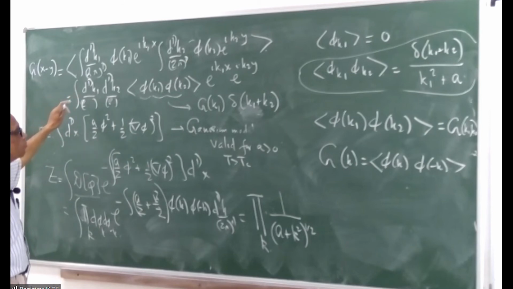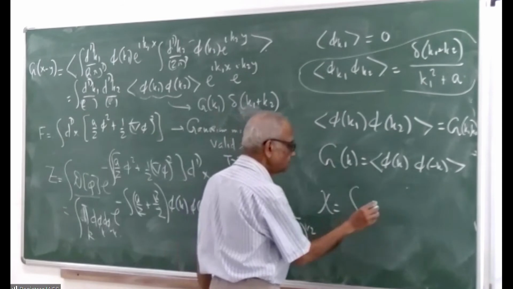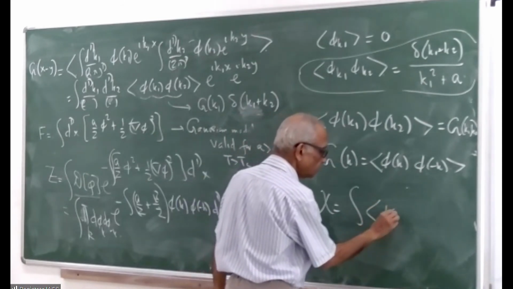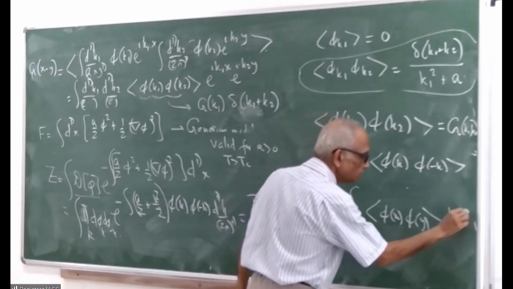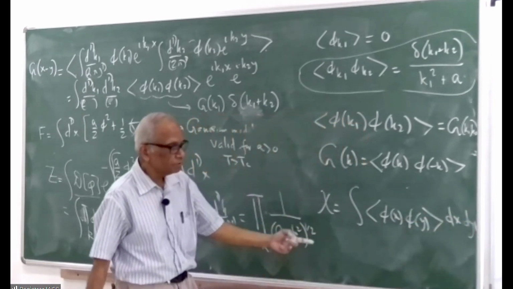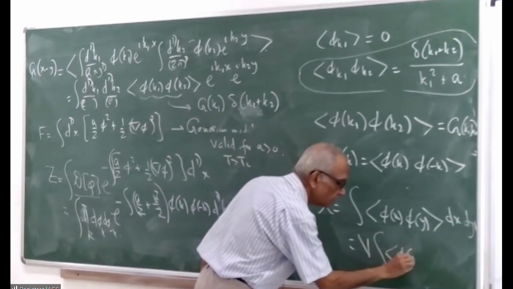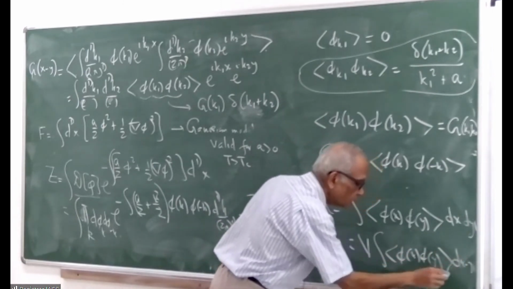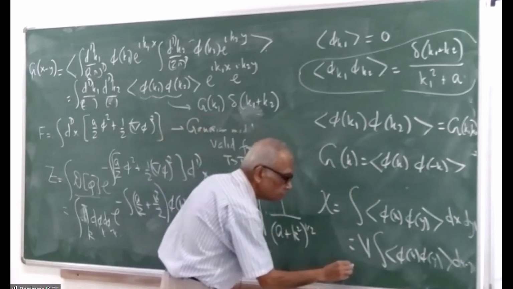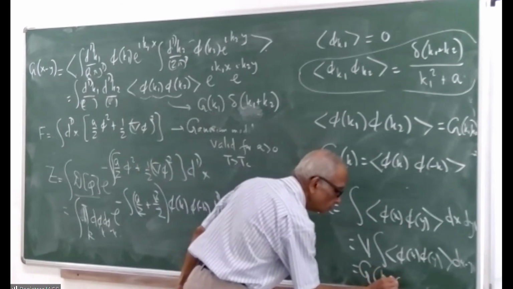The whole thing started with the susceptibility, which we did last time. The susceptibility was the integral of the expectation value phi x phi y dx dy. This becomes equal to V times the integral of phi x phi y d of x minus y, which is equal to the Green's function g at k equal to 0.